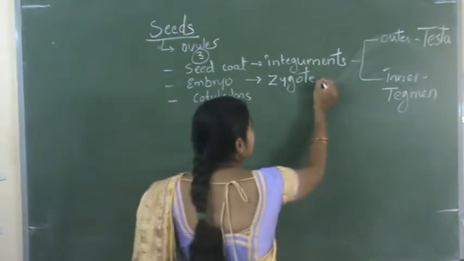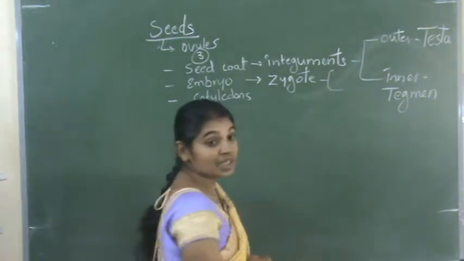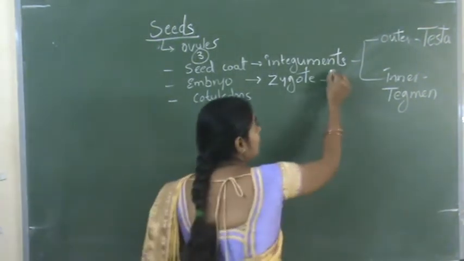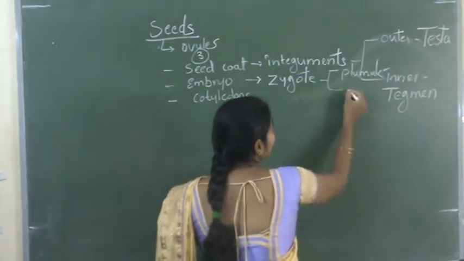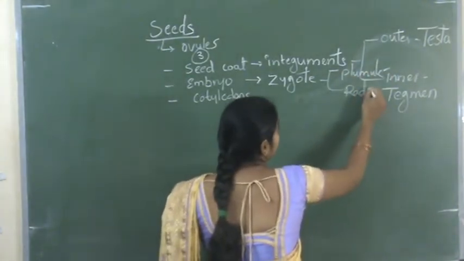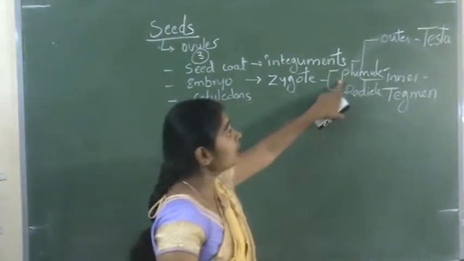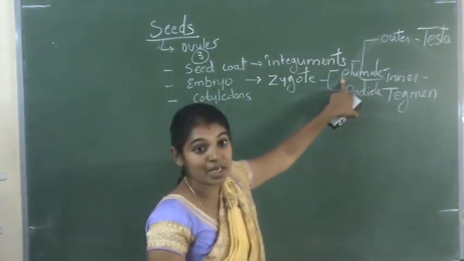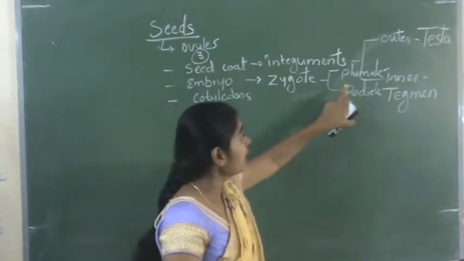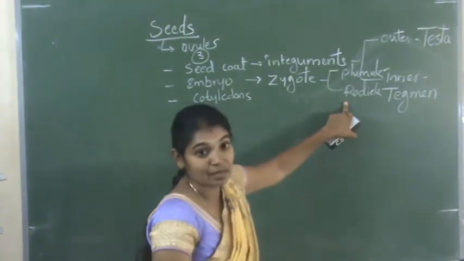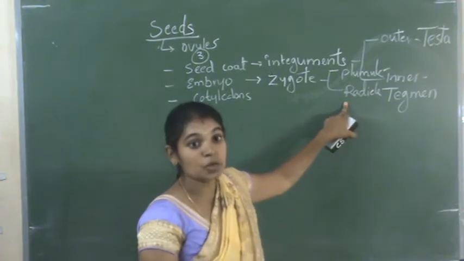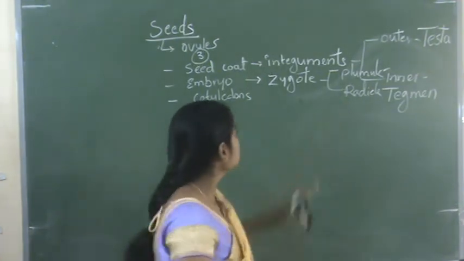So the embryo consists of two parts: the plumule and the radicle. The plumule develops into the shoot system, that means stem, leaves, buds or flowers and so on. From the radicle, the root system is developed.